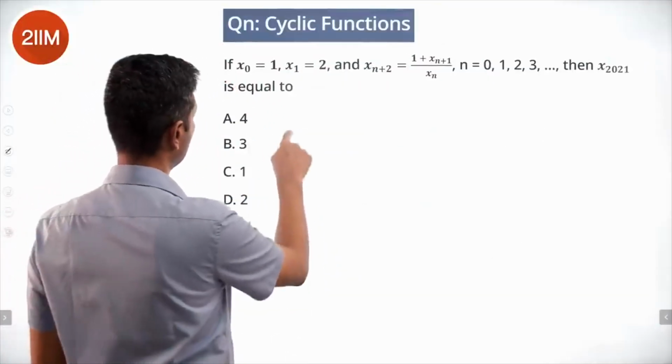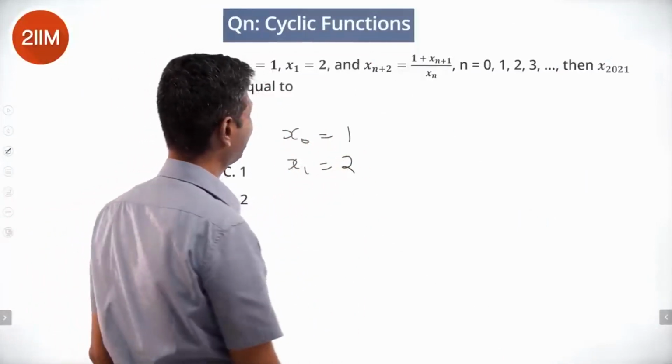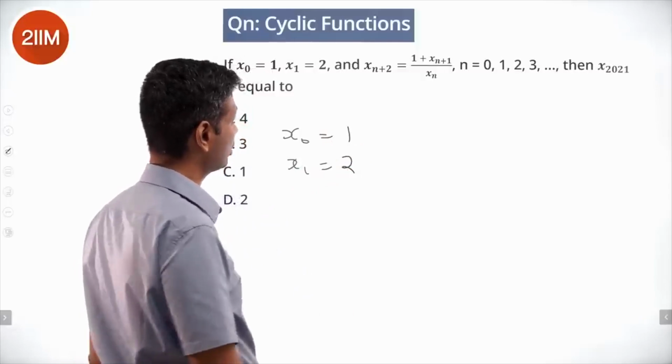x0 is 1, x1 is 2, x(n plus 2) is 1 plus x(n plus 1) by xn.